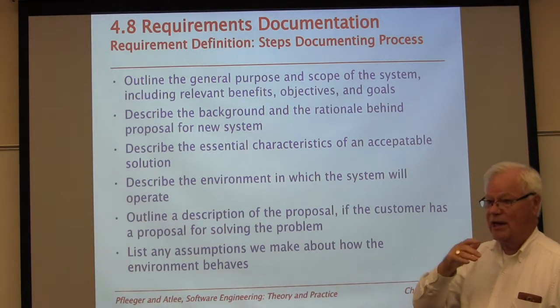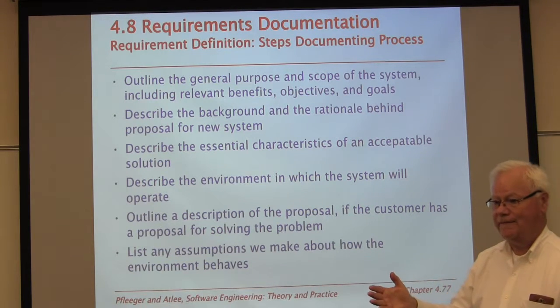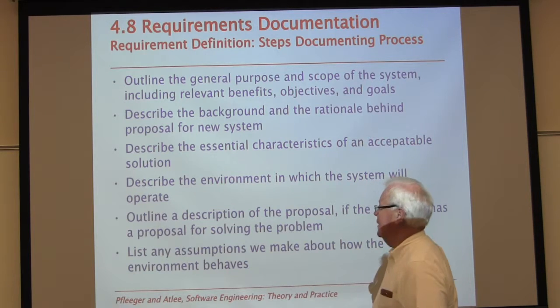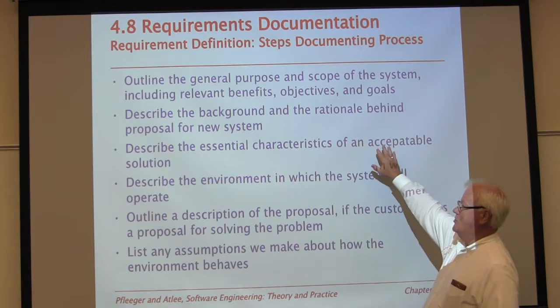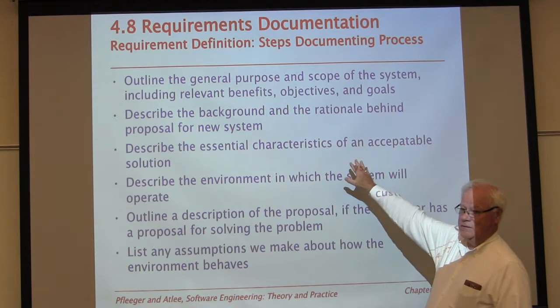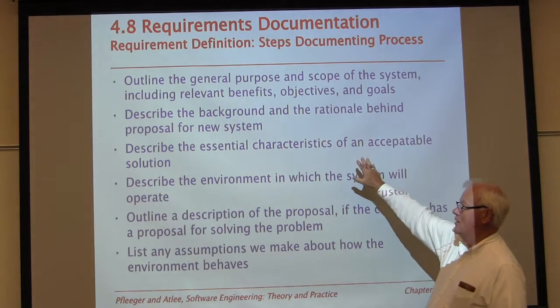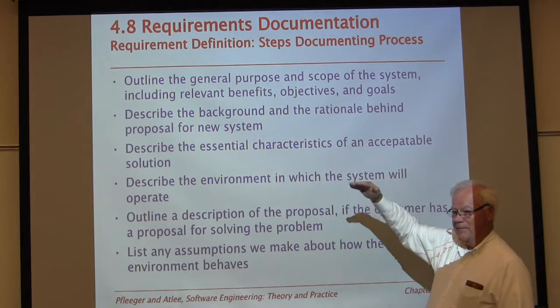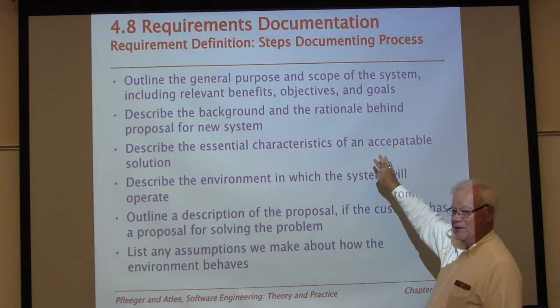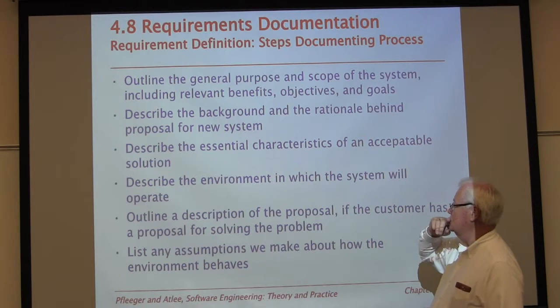Rationale includes how they can afford to do it, right? What do we need to do to create an acceptable solution? So we need to describe, maybe with bullets, what things have to happen for this to be an acceptable solution.